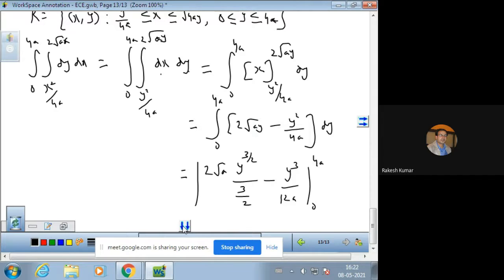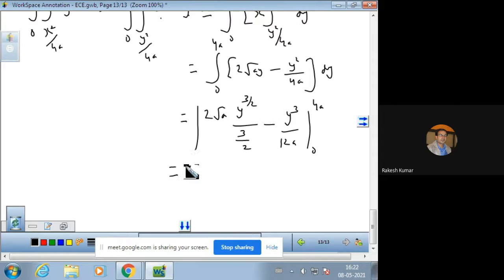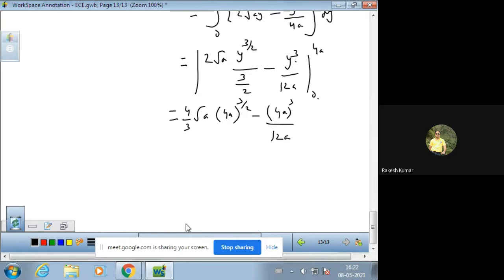Now this is a simple integral, we just need to substitute the limits. 2 goes in the numerator, and 2 twos are 4 over 3 square root a. Put the value in place of y, that is 4a raised to power 3 by 2 minus 4a cube over 12a. For lower limit 0, both the values will be 0.